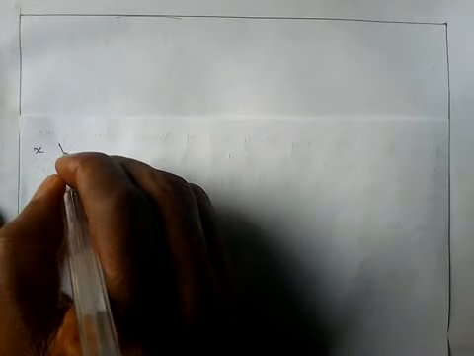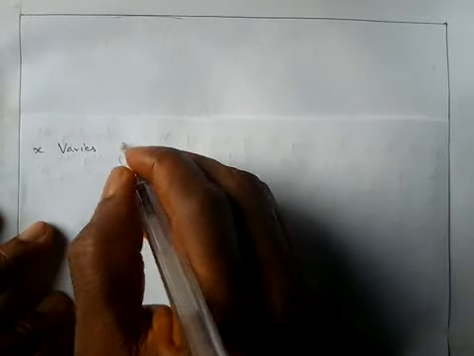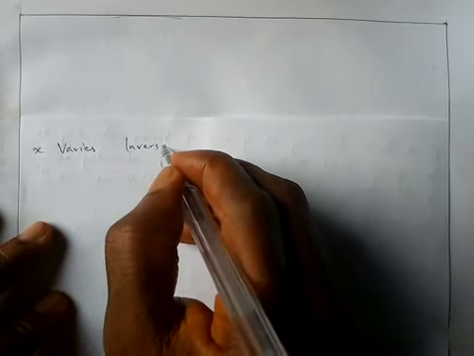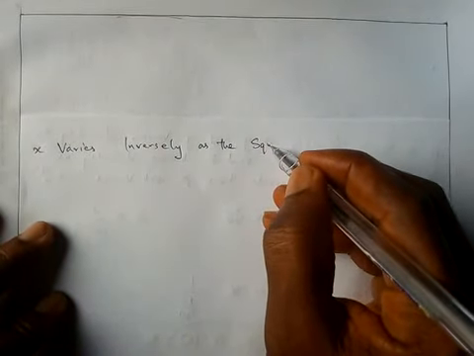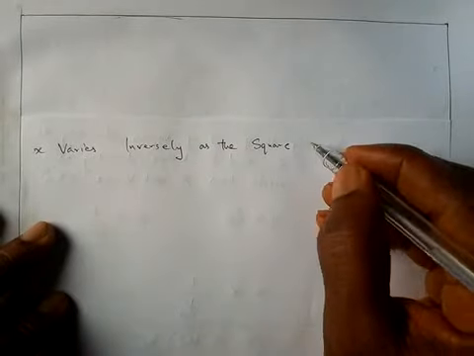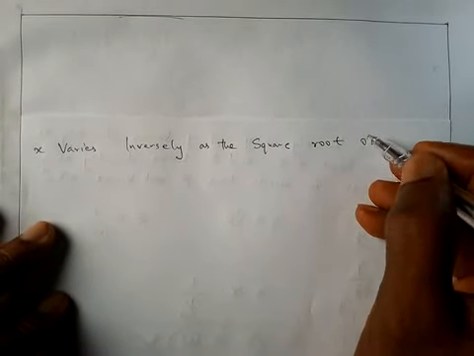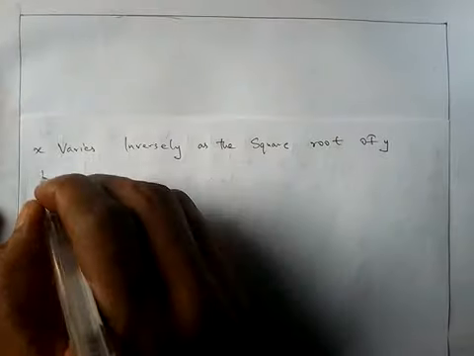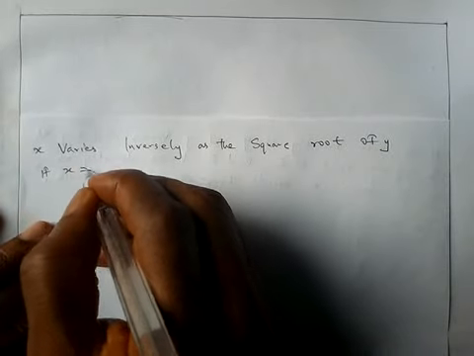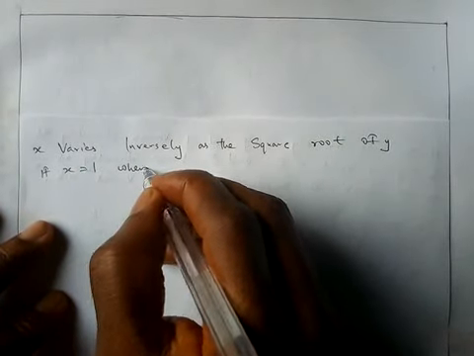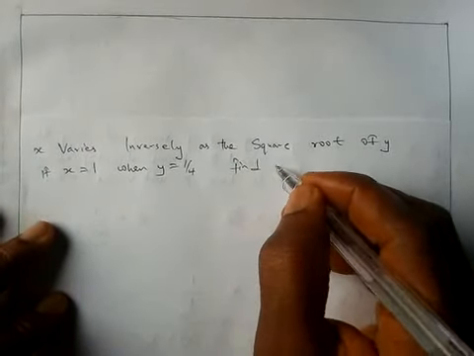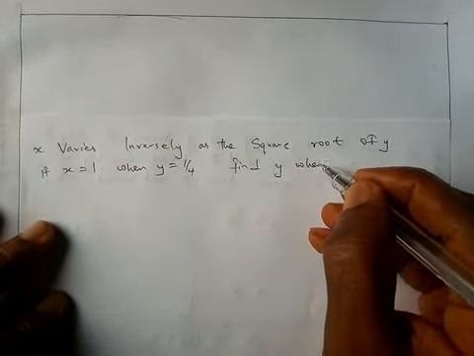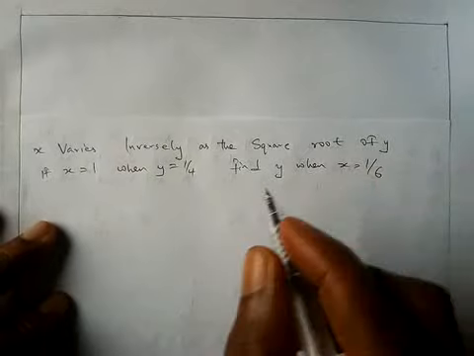It says s varies inversely as the square root of y if s is equal to 1 when y is equal to 1 over 4. Find y when s is equal to 1 over 6.